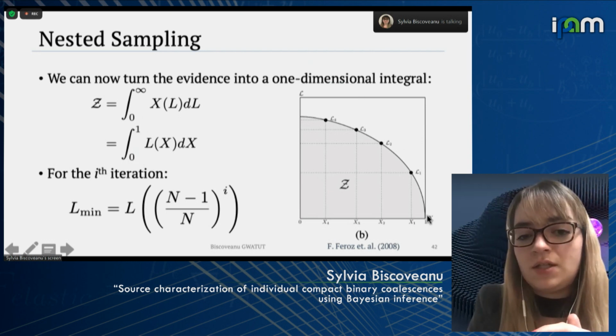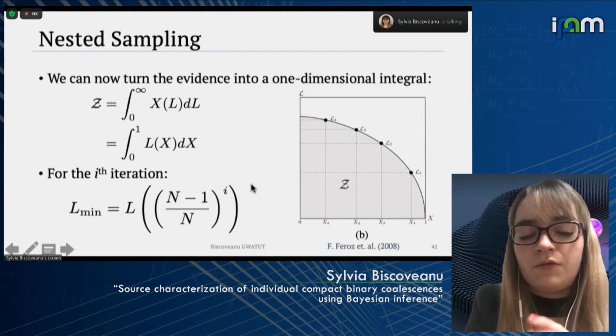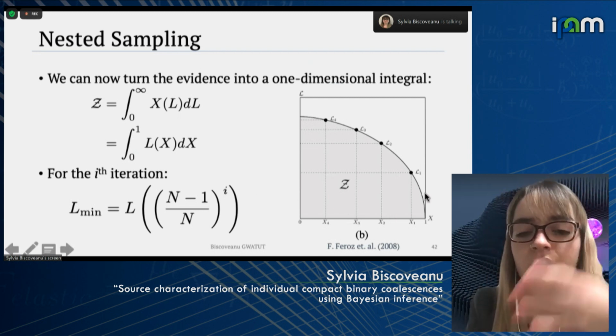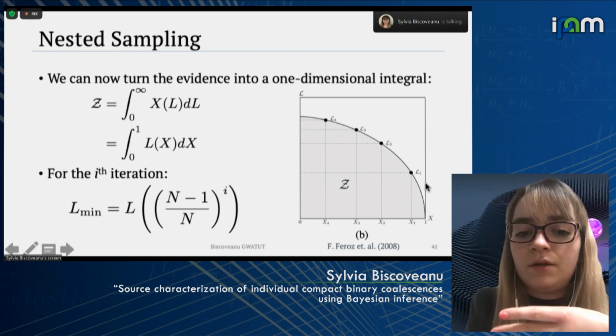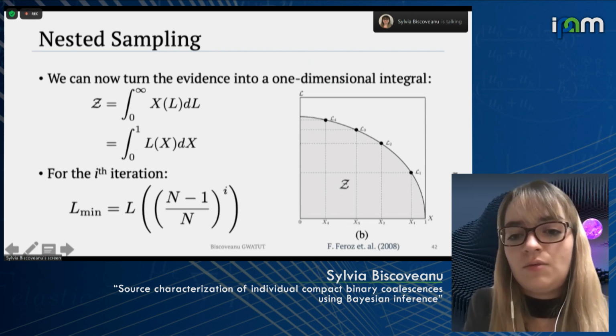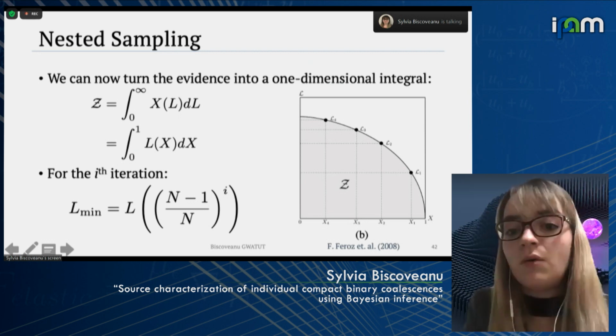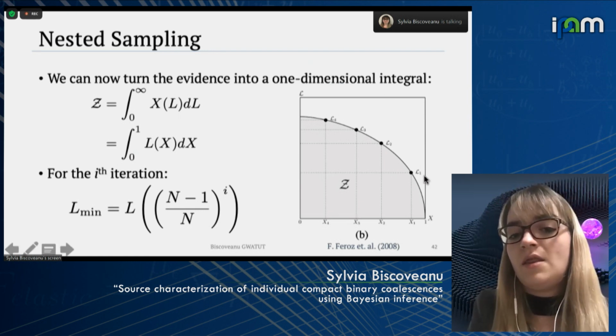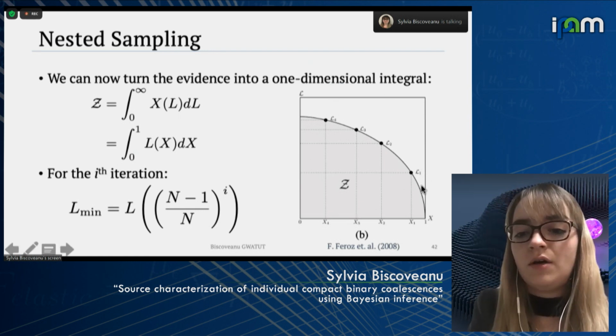And so you can see this demonstrated here. So for example, for our 4 live points that we had, if the likelihood of the lowest likelihood live point is, for example, 0.004, then this tells you that 3/4 of the draws from the prior will have a likelihood greater than that 1 live point of 0.004.